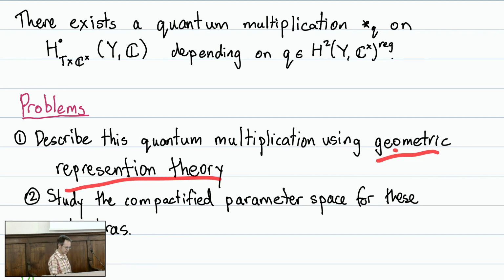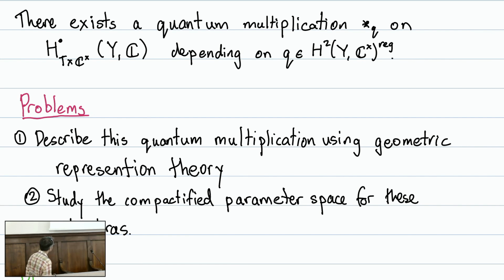OK, so that's the first goal. Generally speaking, this stuff I'm describing in part 1 is not my own work, and it goes back maybe 10 years, some of it earlier, some of it less, due to Okounkov and collaborators.